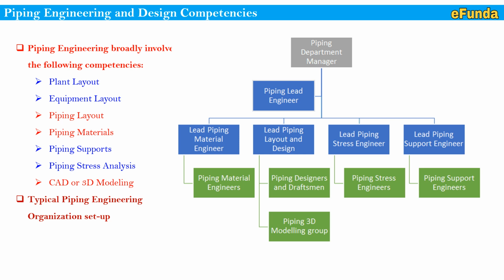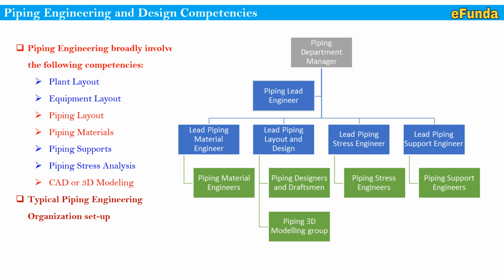Typically, the piping engineering organizational setup can be seen in the picture, where the piping department manager goes down to the piping lead engineer, and then it is further divided into sections: lead piping material engineer, lead piping layout and design, lead piping stress engineer, lead piping support engineer.